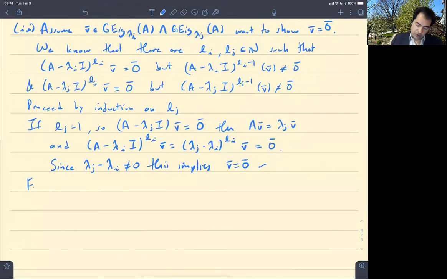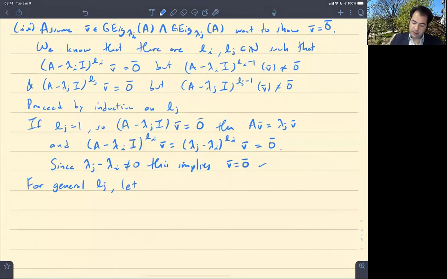For the general case, let W be (A minus lambda j times the identity) raised to the Lj minus 1 applied to V, right? So by assumption, this is not equal to 0.